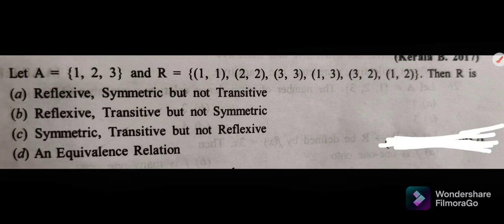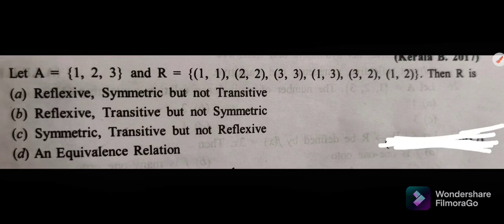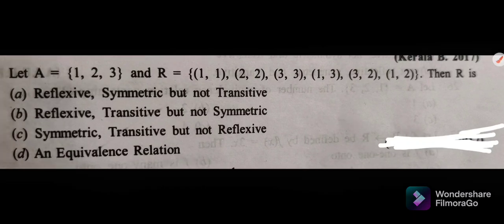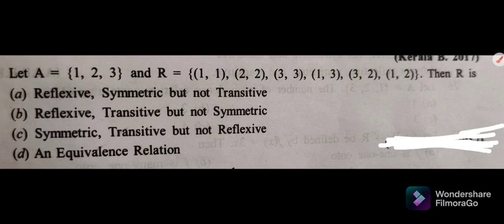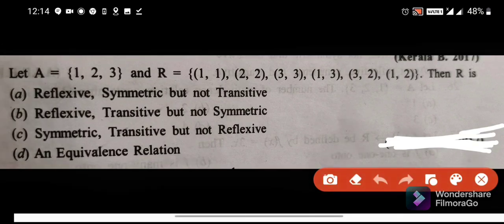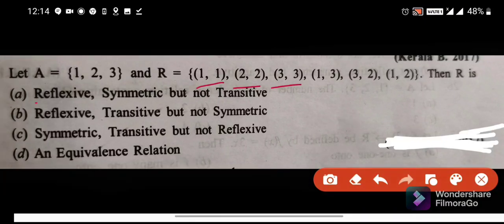Next question. Let A = {1, 2, 3} and the relation is R = {(1,1), (2,2), (3,3), (1,3), (3,2), (1,2)}. Then R is... Because 1 is related to 1, 2 is related to 2, 3 is related to 3, R is reflexive.